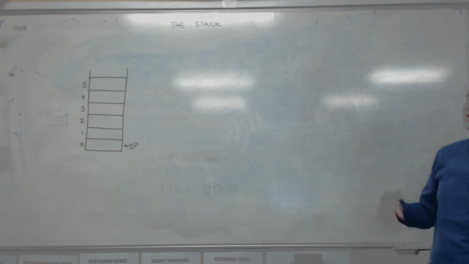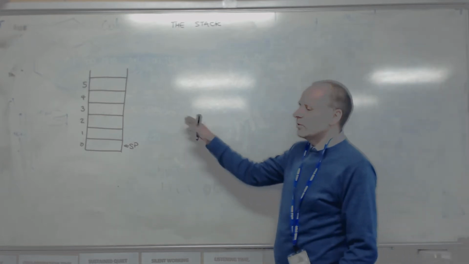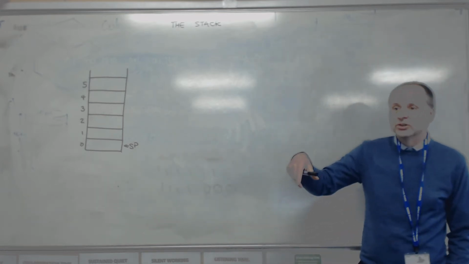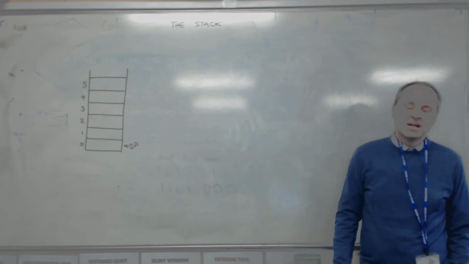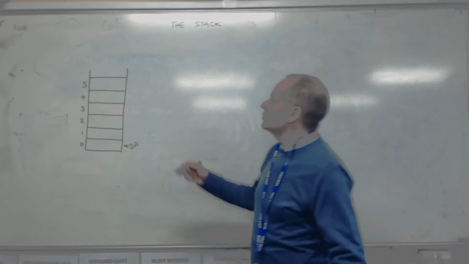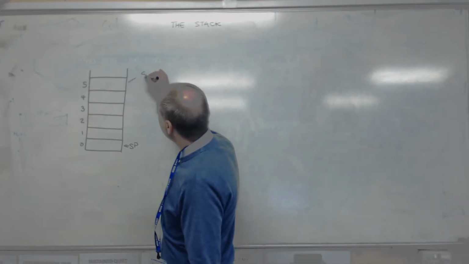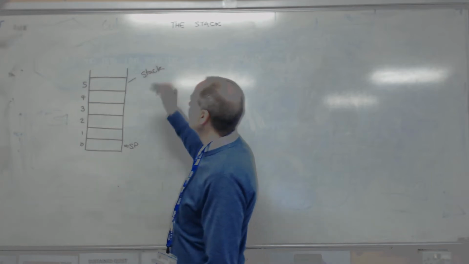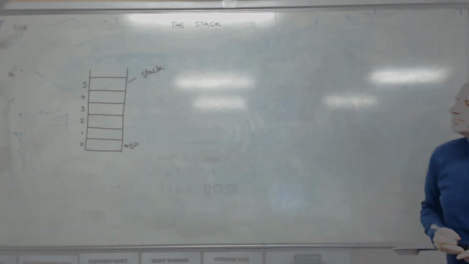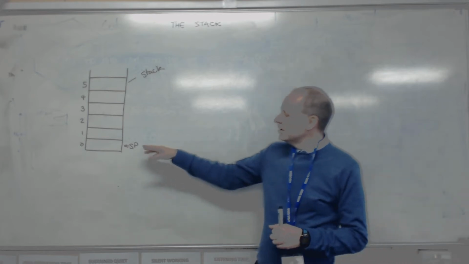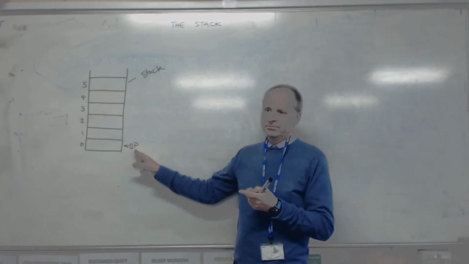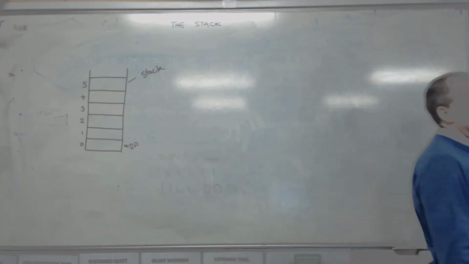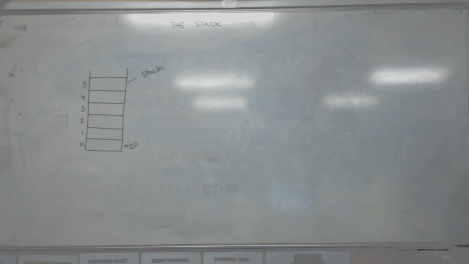Alright, but we visualize it this way. And when we're building them, we don't care how it's physically stored, we just use an array. So, you just need a reference to an array, which we'll call stack, and we need one index, the stack pointer, which we often refer to as SP.